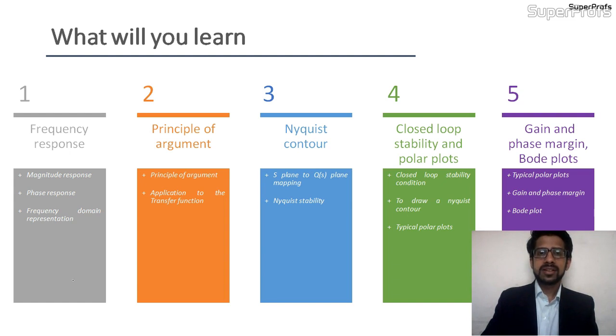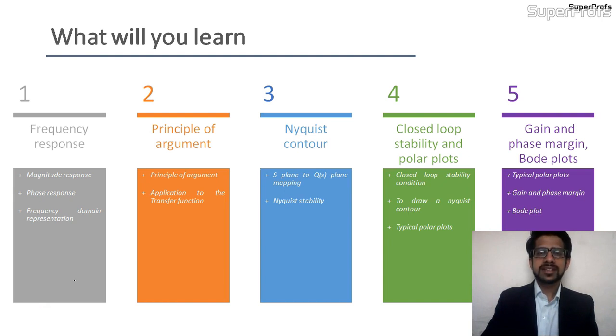Up till now, in Routh criteria and in the root locus technique, we saw open loop stability. We saw how to determine the stability of an open loop system or a closed loop system. So we had the knowledge of closed loop poles and closed loop zeros, and we could find out the closed loop stability, or we had the knowledge of open loop poles and open loop zeros, we could find the open loop stability.